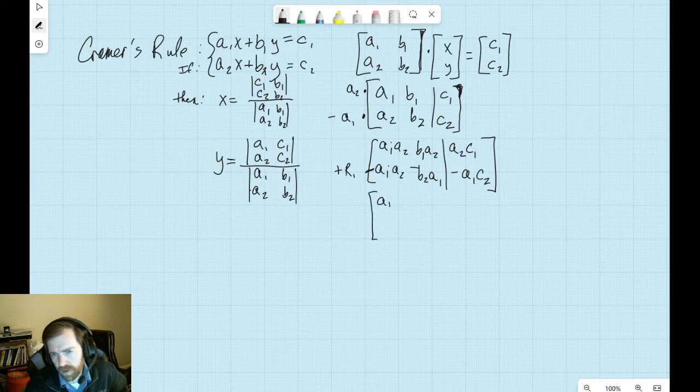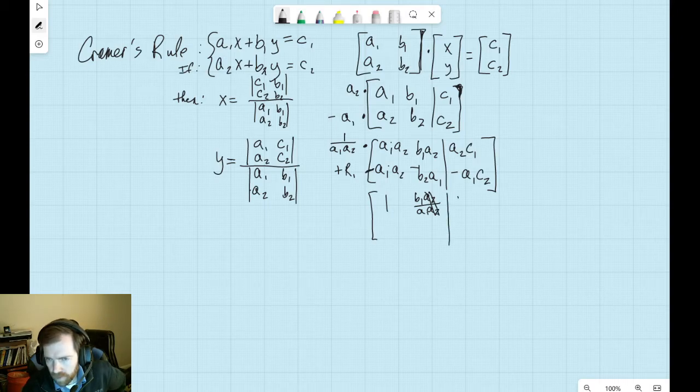So we get A1. Let's do this as we're also going to multiply this row by 1 over A1, A2. So here we get a 1. Here we get B1A2 over A1A2. So those are your A2's gone from that term, with A2C1 over A1A2, which again, A2's are gone from that.